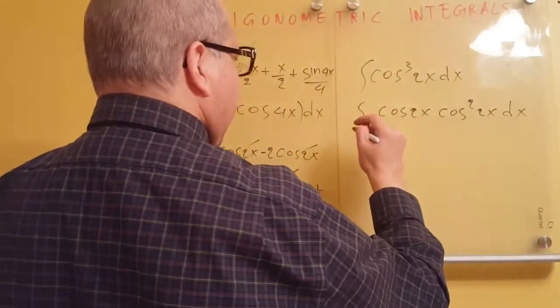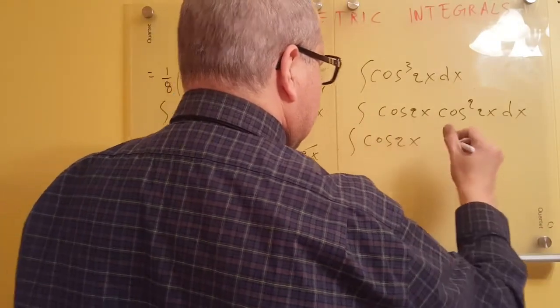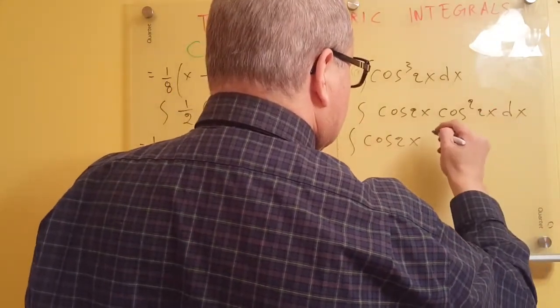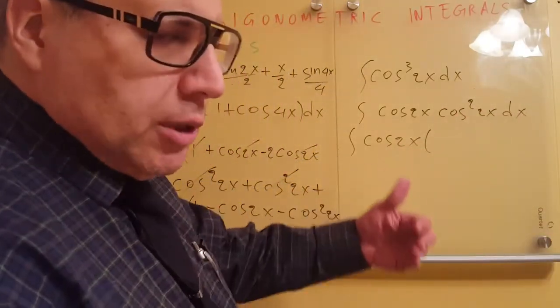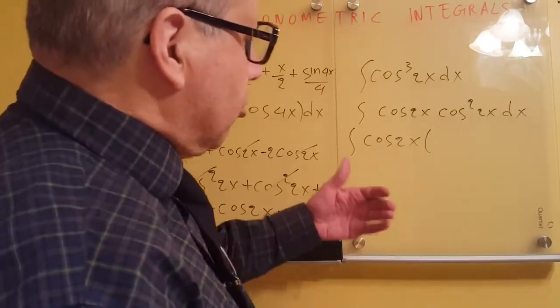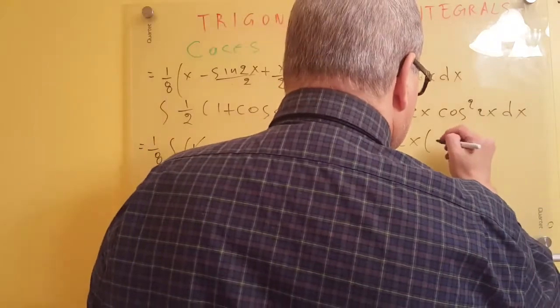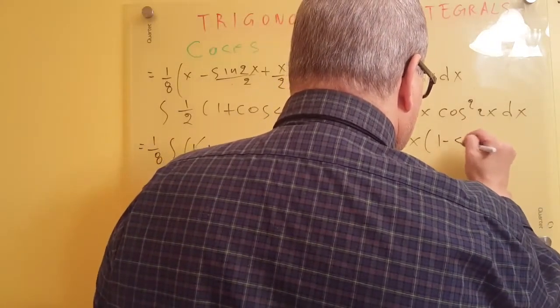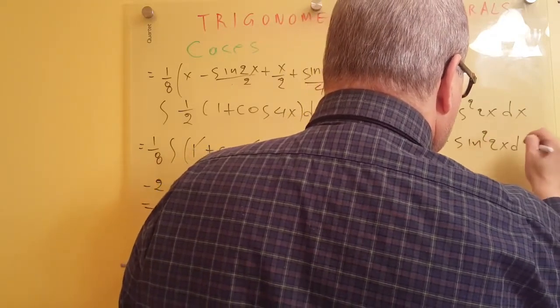So now cos 2x, and now this here I can write it again from the trigonometric identity. Sine square x plus cos square x is equal with 1. I can write this here as 1 minus sine square 2x dx.